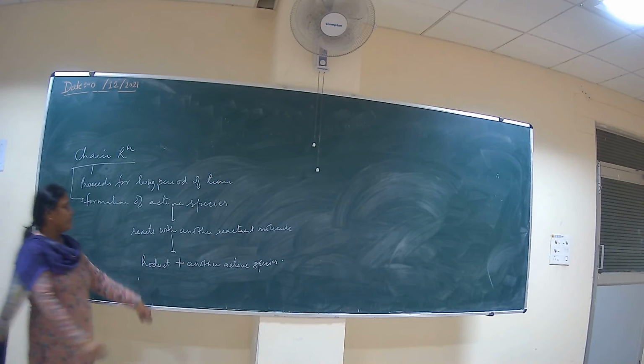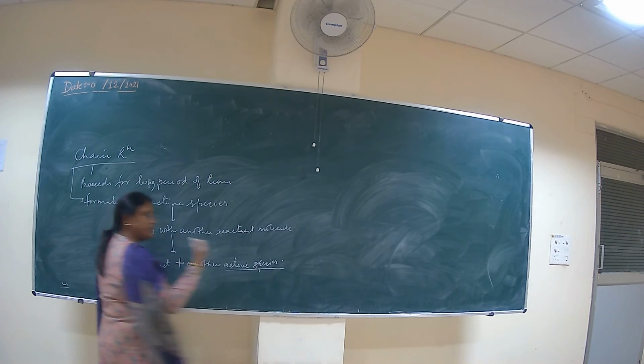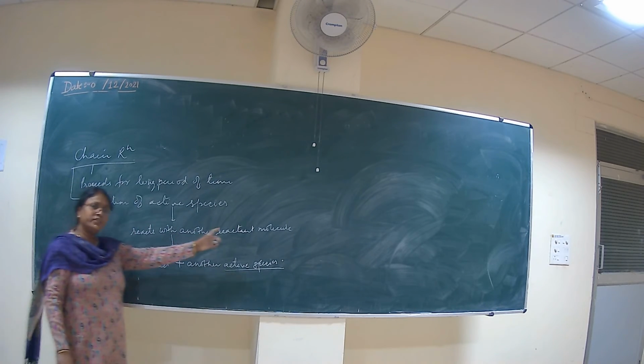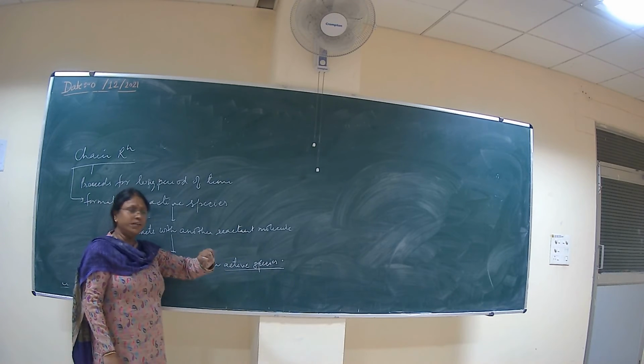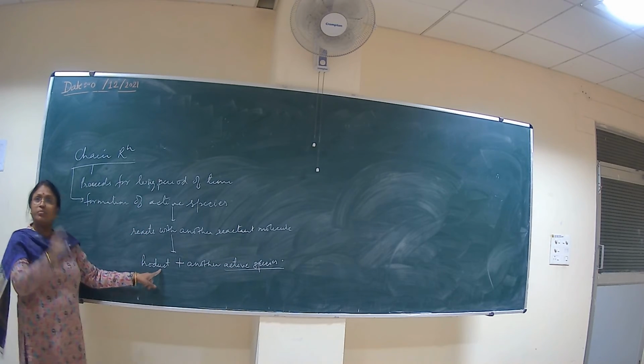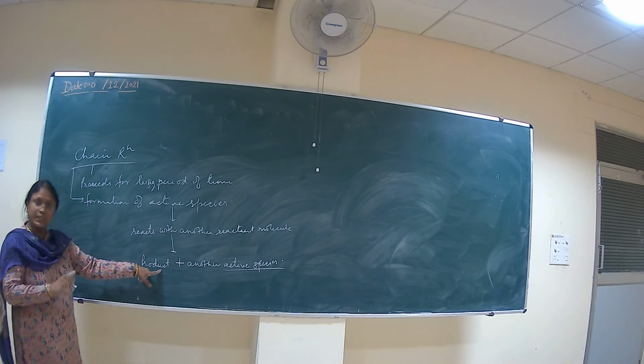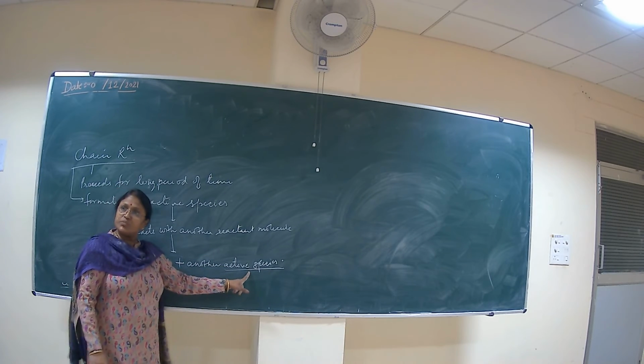So again ये जो हमारा second active species है, it again reacts with another reactant molecule, and again there is a formation of the original product which has to be formed in the reaction plus active species, ठीक है.